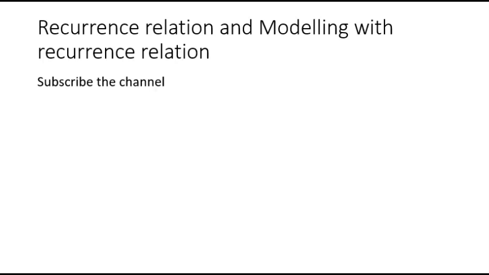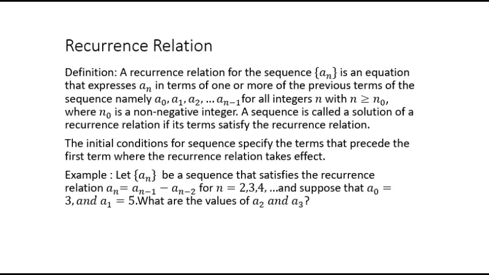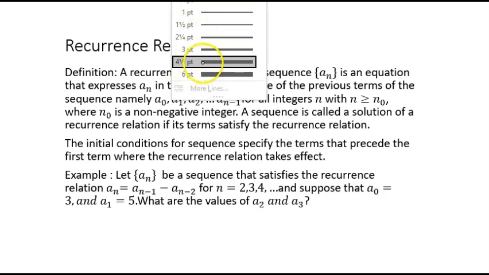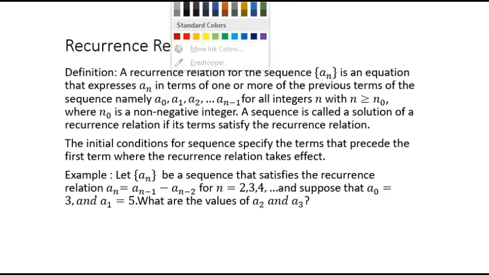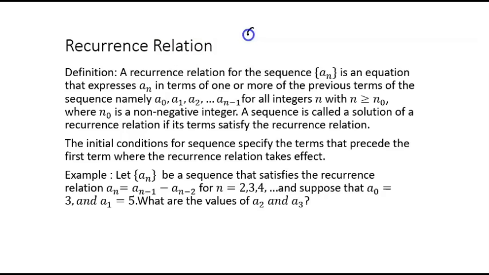So let's start. What basically is a recurrence relation? To understand the recurrence relation, I am going to start with one simple example. Suppose I take a_n is equal to 3 times a_(n-1).